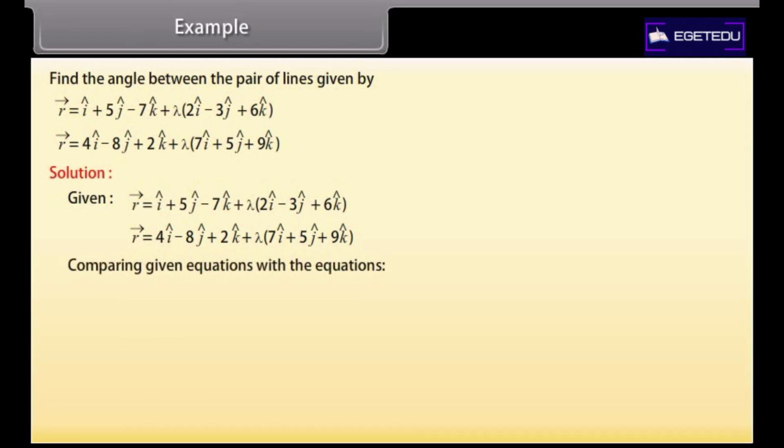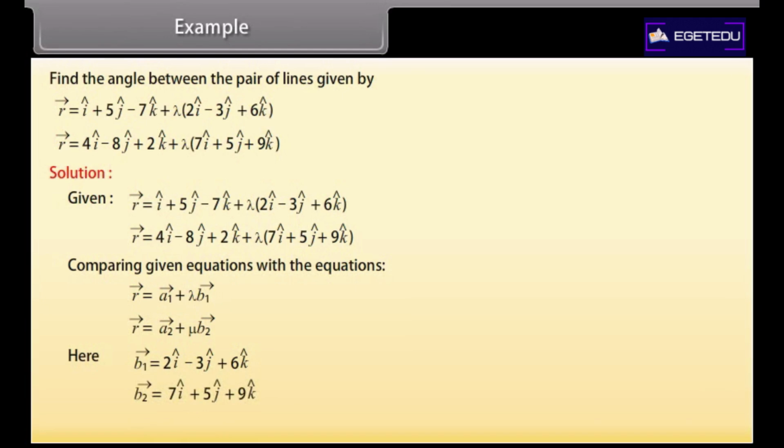Comparing the given equations with vector r equals vector a1 plus lambda vector b1 and vector r equals vector a2 plus mu vector b2, here vector b1 equals 2i minus 3j plus 6k, and vector b2 equals 7i plus 5j plus 9k.